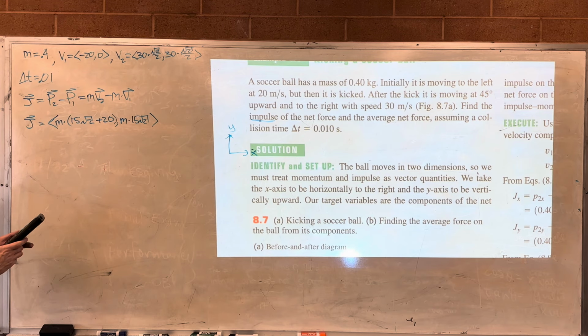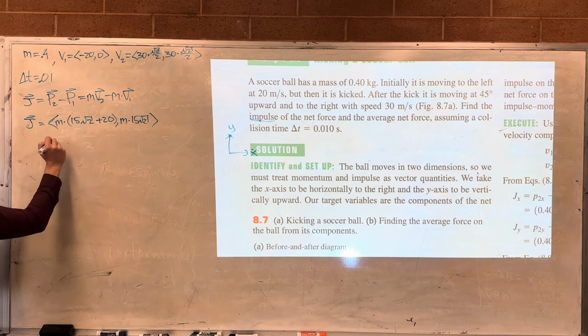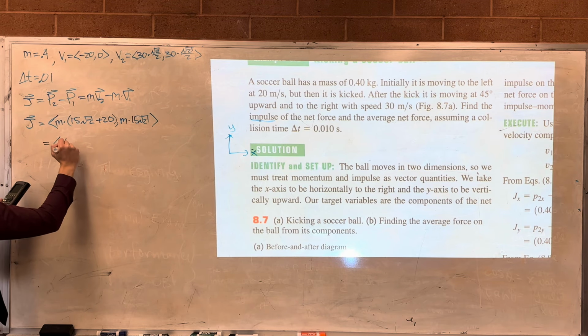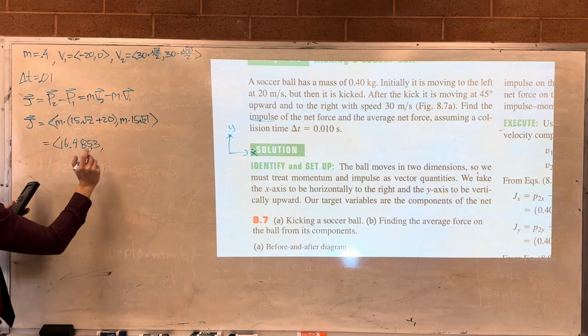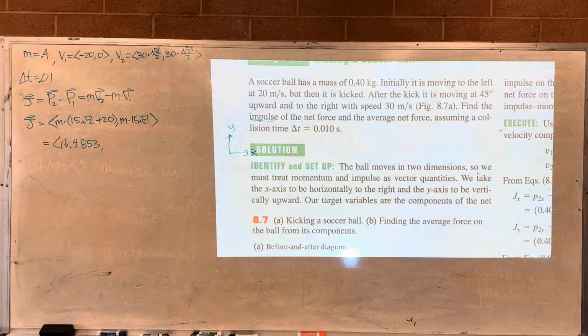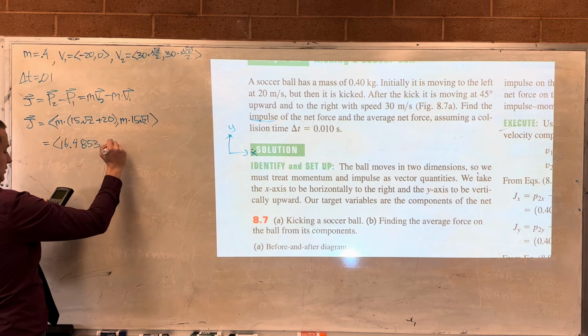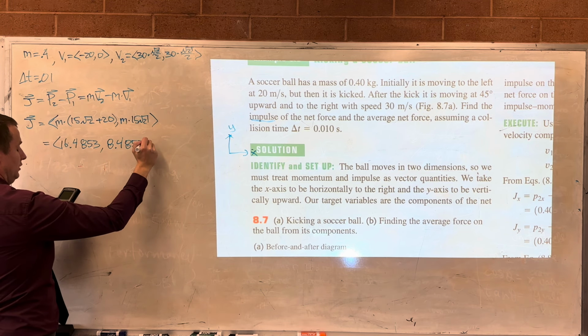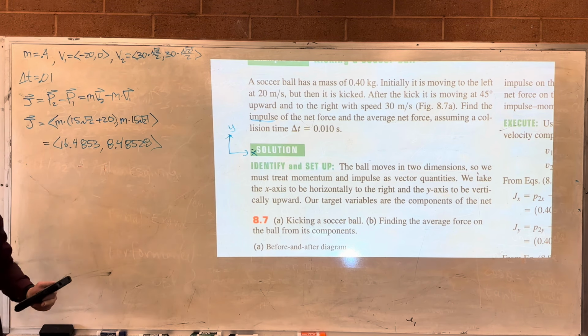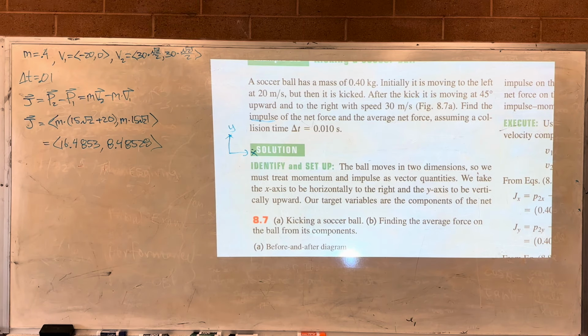Okay, so this is equal to 16.4853. And then once again we have 0.4 times 15 times the square root of 2 is equal to 8.48528.